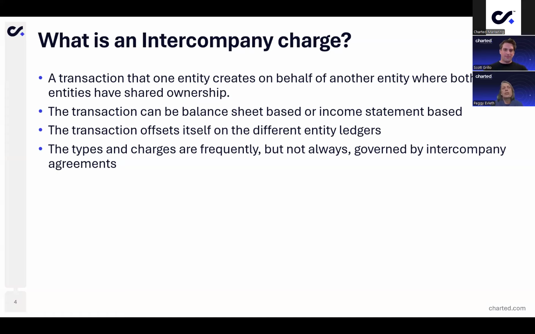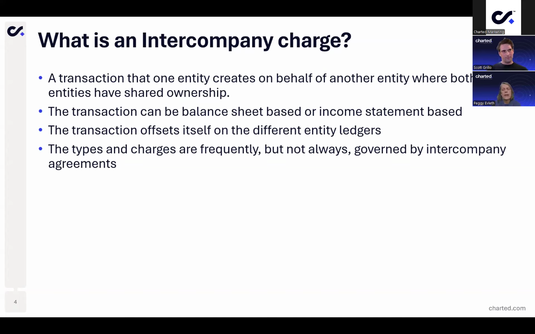So the transaction can be either balance sheet based or income statement based. So balance sheet based, company A lends company B money. Income statement based, company A charges company B a management fee. Now, when this happens, you have transactional offsets on both companies.